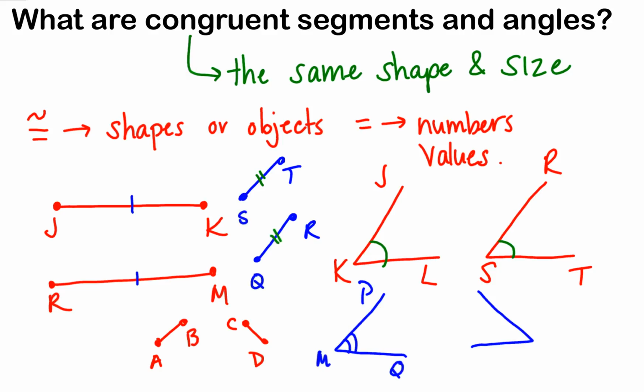I could give it 2 arcs because QMP is not necessarily congruent to JKL, and there's one other way I can draw congruent angles.